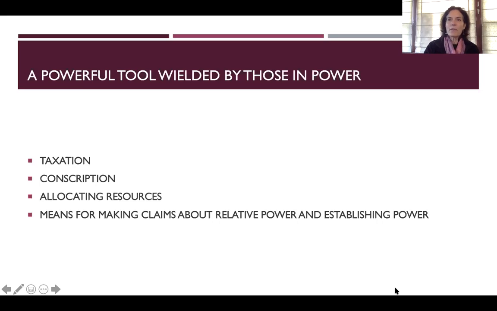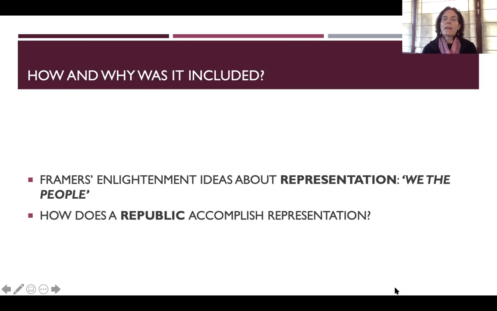But let's think about how it relates to our founding framers' ideas. In fact, for them, the census was a key part of their Enlightenment ideas about representation and how to capture the notion of we the people. How does a republic accomplish representation?